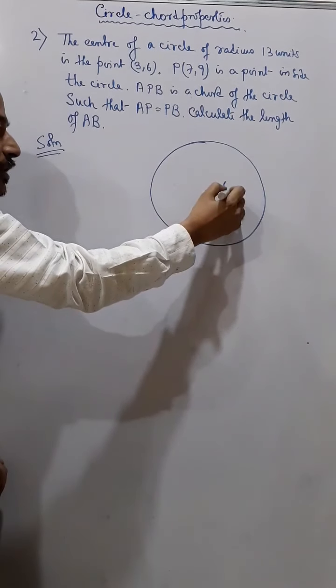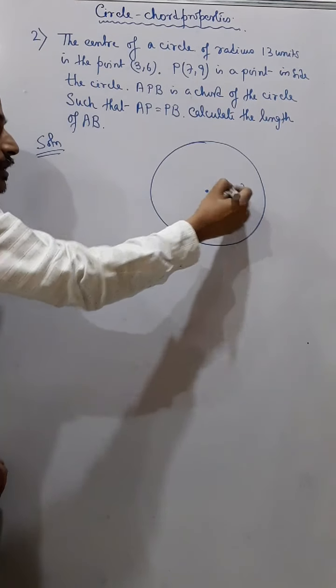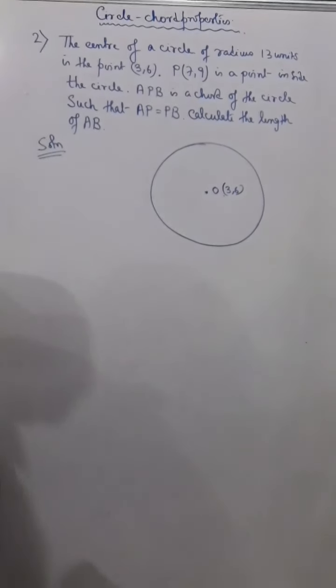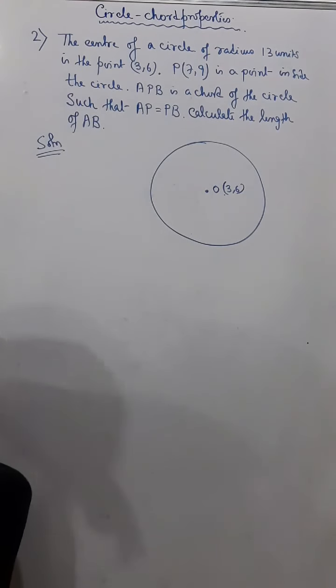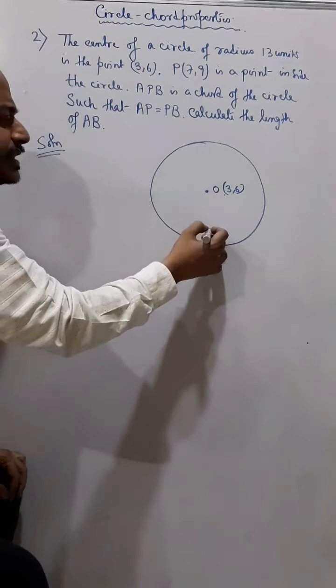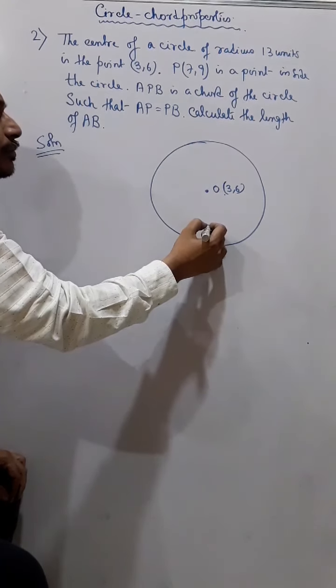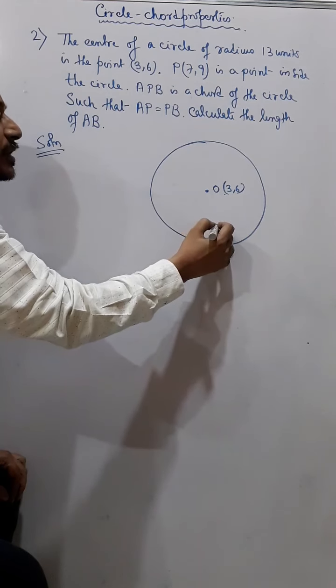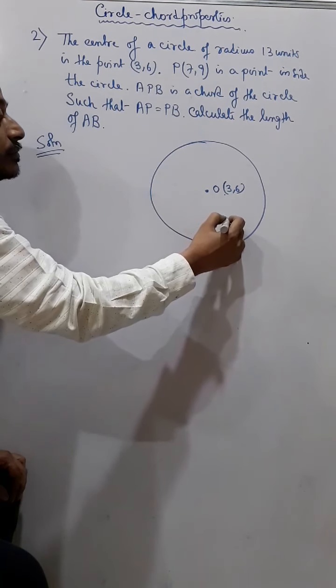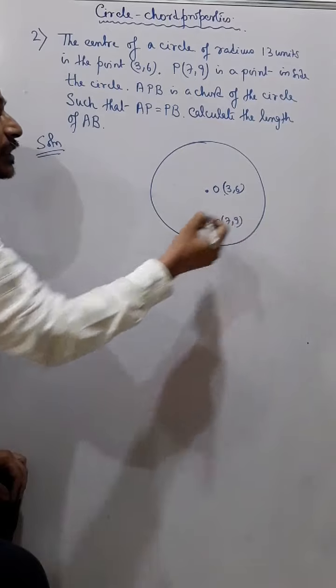So that means the coordinate of O is 3, 6. The radius is 13. Now P 7, 9 is a point inside the circle. So let P be here, 7, 9.